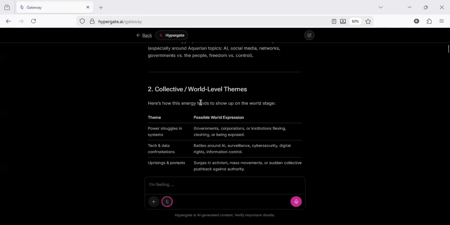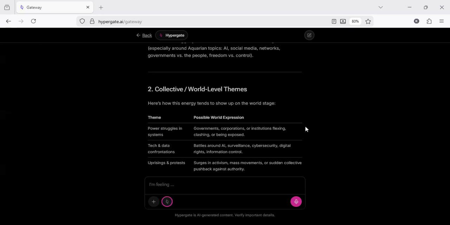All right, number 2, collective world-level themes. Here's how this energy tends to show up on the world stage. All right, the theme: power struggles and systems. Possible world expression: governments, corporations, or institutions flexing, clashing, or being exposed. We know that's going on.